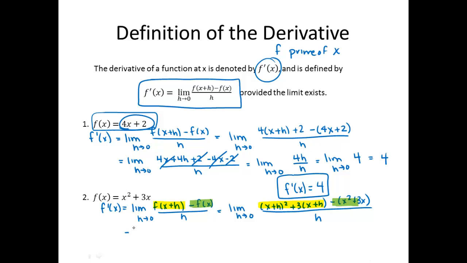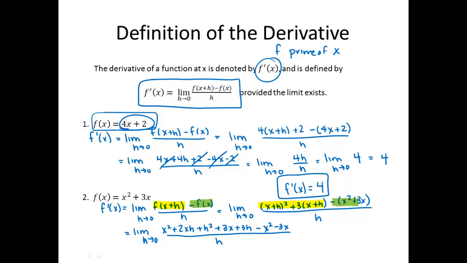Continue to simplify. The limit as h goes to 0. I'm going to expand this, which we did twice before. X squared plus 2xh plus h squared. Distribute the 3 plus 3x plus 3h minus, distribute the negative, x squared minus 3x all over h.